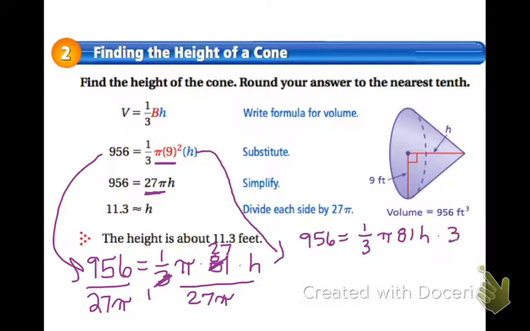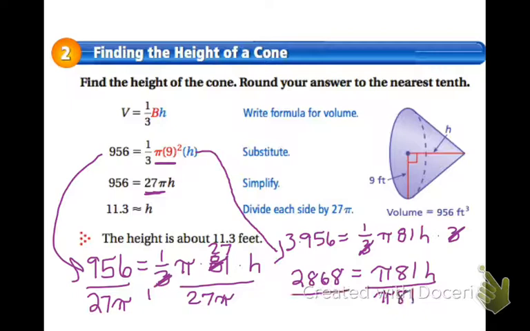So if we multiply by 3 on both sides, this 3 and this 3 cancel. 3 times 956, we might be dealing with some bigger numbers, would be equal to 2,868, which would be equal to, in this case, pi 81h.